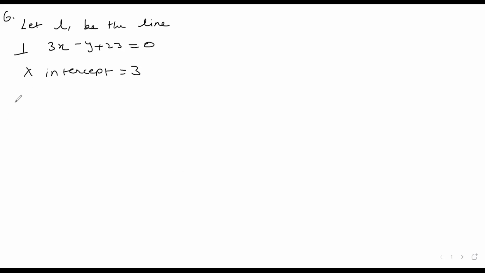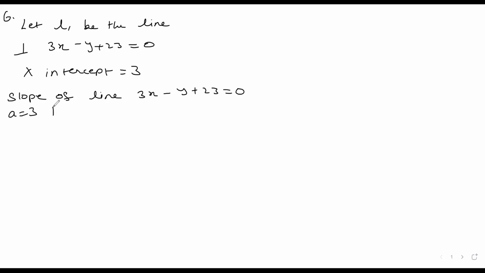Now, we know that slopes of perpendicular lines are negative reciprocals of each other. If L1 is perpendicular to this line, then the product of the slope of this line and of L1 is equal to -1. We'll first find the slope of this line, 3x minus y plus 23 is equal to 0.